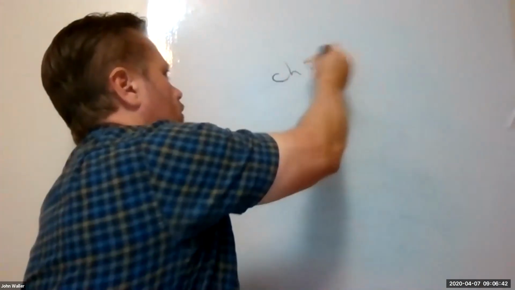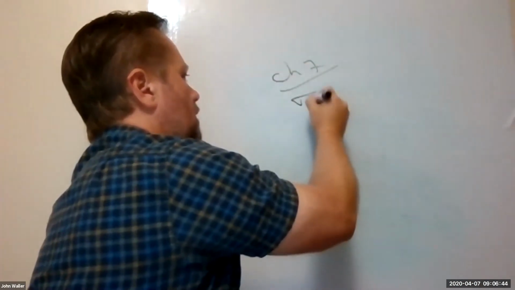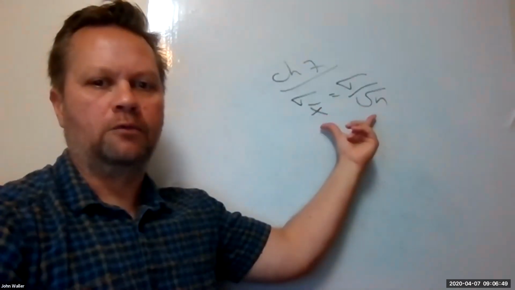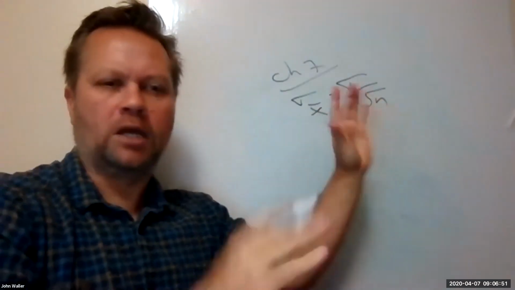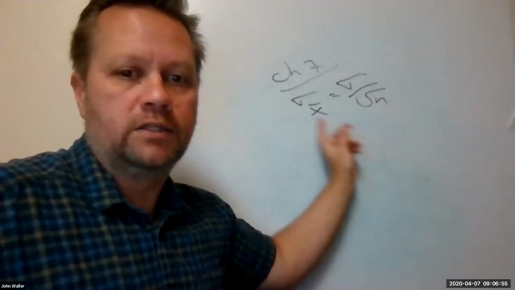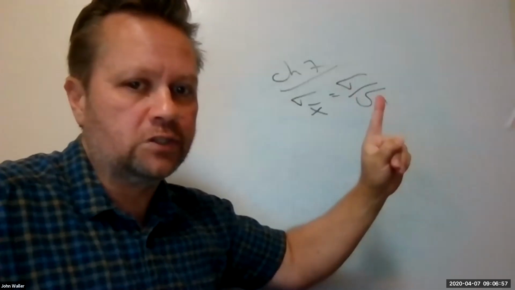Chapter 7 was this. It took me a long time to explain when and why we do this, right? And then chapter 7 problems are just like chapter 6 problems. It's just that very often I have to do this first because I took a sample.